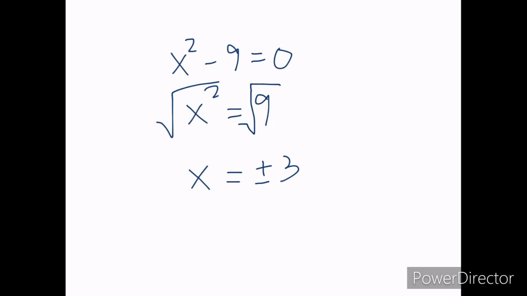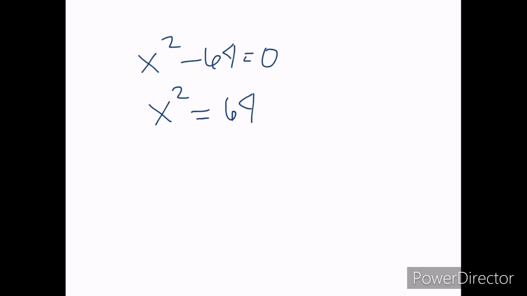x squared minus 64 is equal to 0. Again, follow the first step. Isolate the quadratic term. It becomes x squared is equal to, when we transpose negative 64 to the other side, positive 64. Then we've already done step 1.